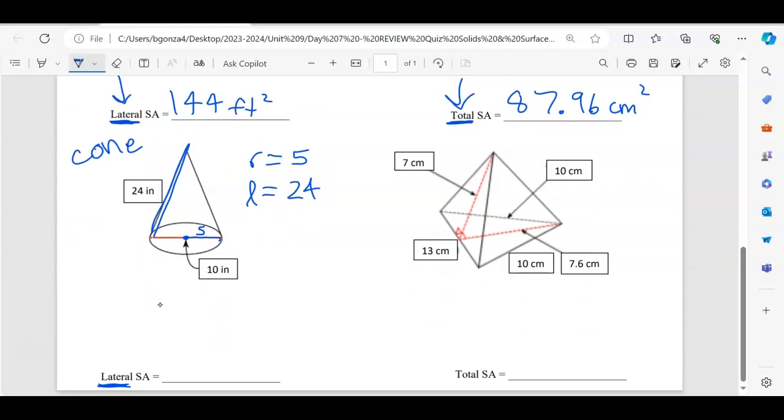So remember, since we're doing lateral, LSA, we're doing pi RL, which is pi times 5 times 24.